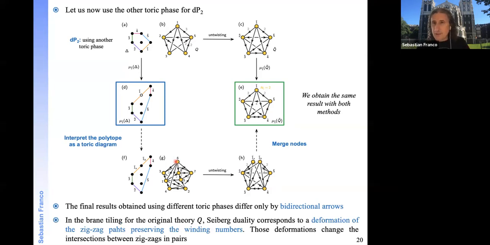And once you do that, you only create intersections between zigzag paths in pairs. So the only thing that could happen at the level of the quiver, not at the level of the superpotential, is that I would expect bidirectional arrows in different places, maybe many of them.